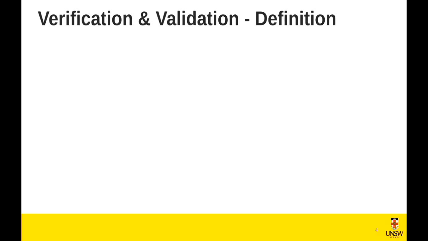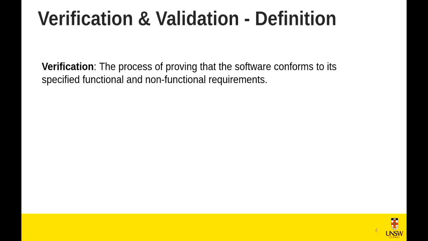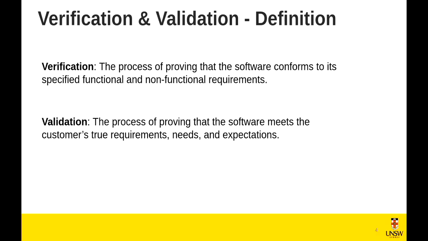Verification is the process of proving the system conforms to certain specifications. And validation is the process of proving that the system meets the user's requirements, meets the actual needs of the users.